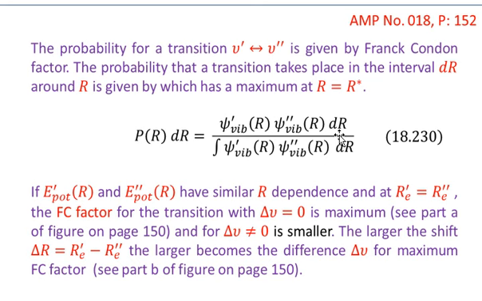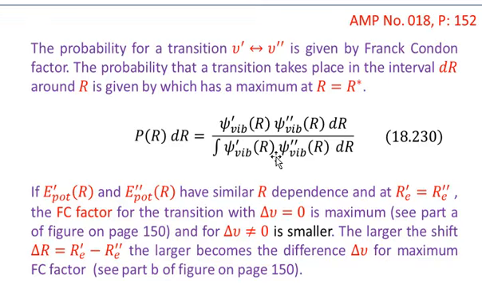I have multiplied by dR, and I have taken the integral in the denominator, so that the probability should always be less than or equal to 1.